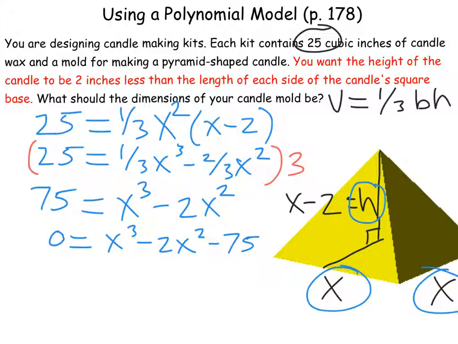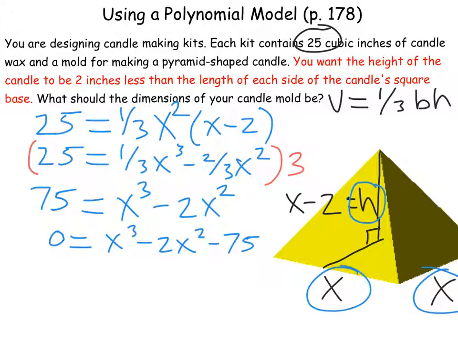Now use some common sense with an application. I could check plus or minus 1, plus or minus 3, plus or minus 5. None of the negatives apply, right? I'm expecting a positive answer, so get rid of all those negatives. 1 seems like a possibility. 3 is a real possibility. 5 is a real possibility.